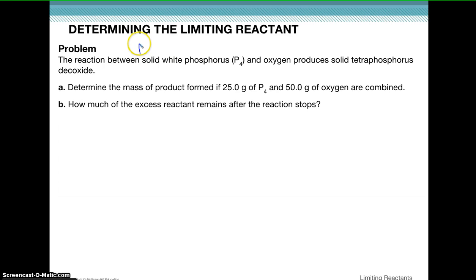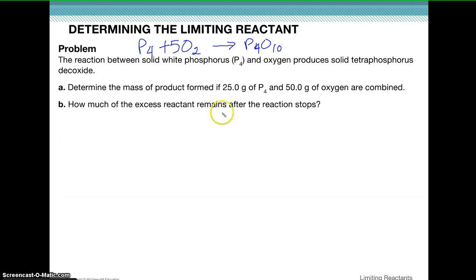P4 reacts with oxygen gas to produce tetraphosphorus decoxide. That's P4O10. And then to balance it, we have 4 phosphorus, we need 10 O's, so we put a 5 right there. Okay, so determine the mass of product formed if 25 grams of phosphorus and 50 grams of oxygen are combined.